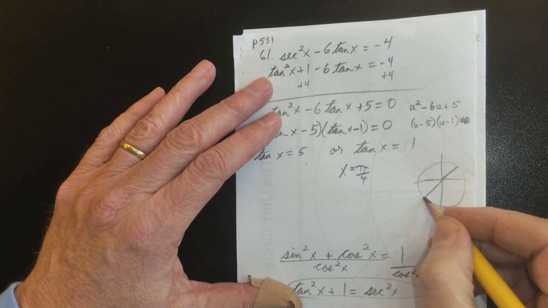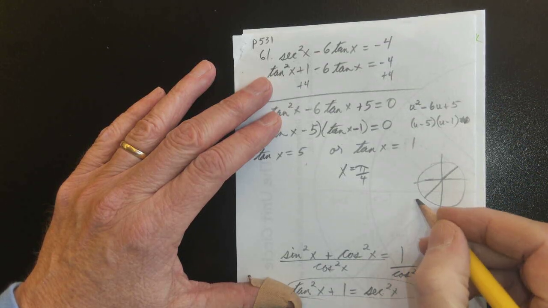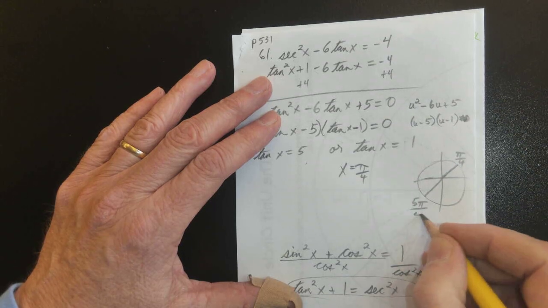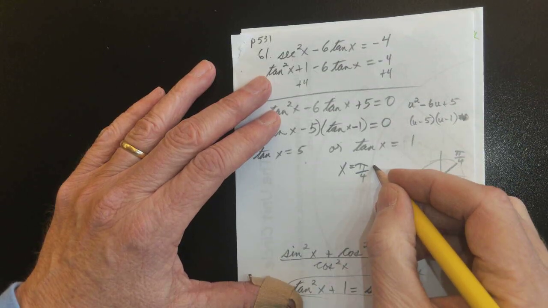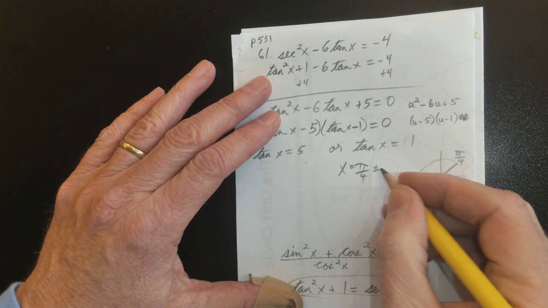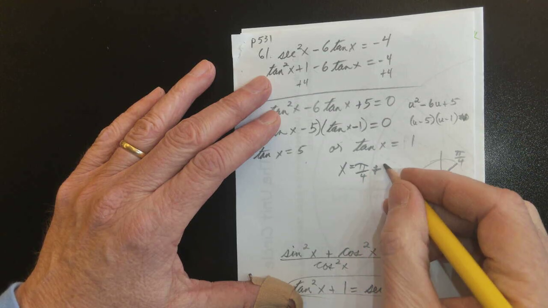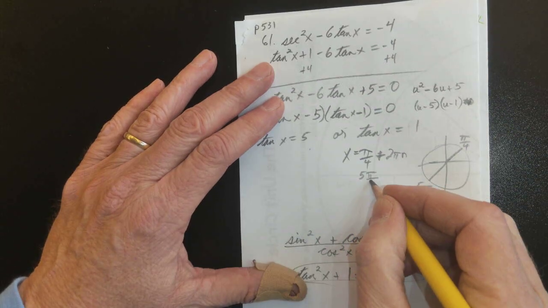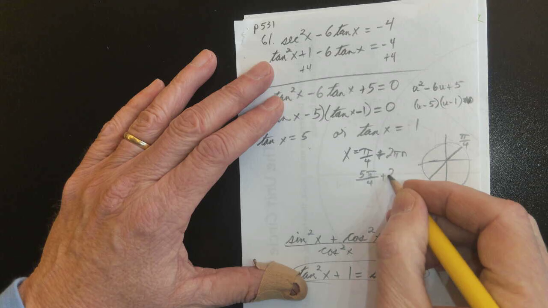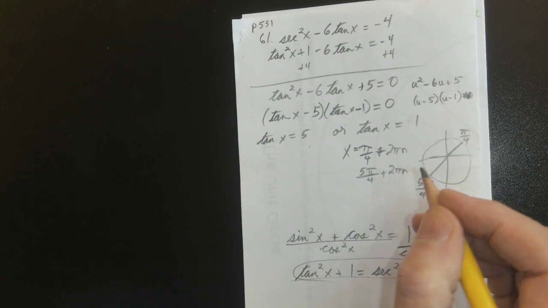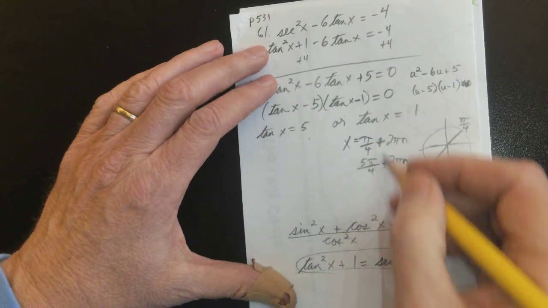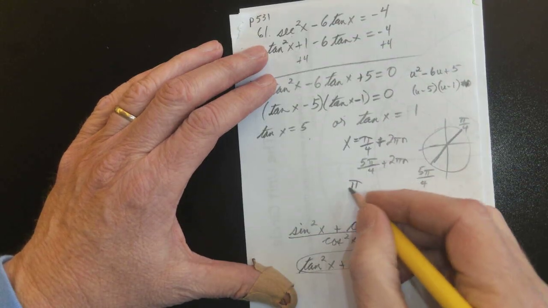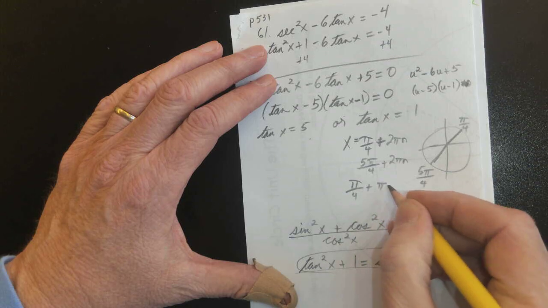It's also at 5 pi over 4. And we could go plus 2 pi n, and 5 pi over 4 plus 2 pi n. And then that's one we could consolidate. Pi over 4 plus pi n.